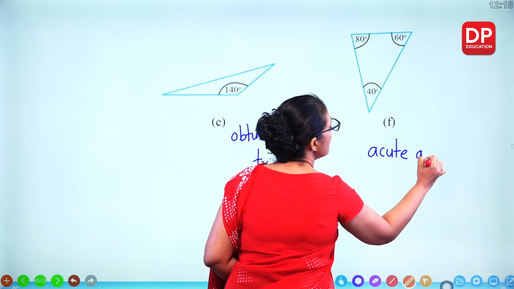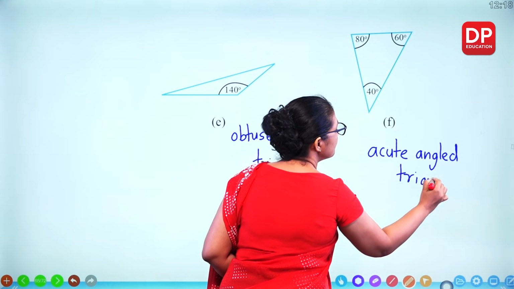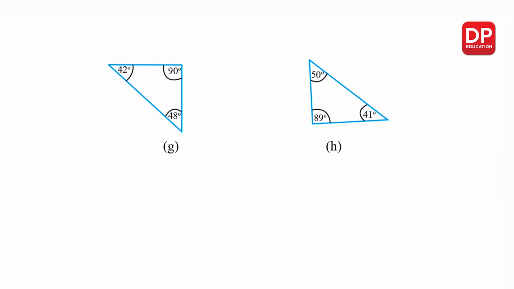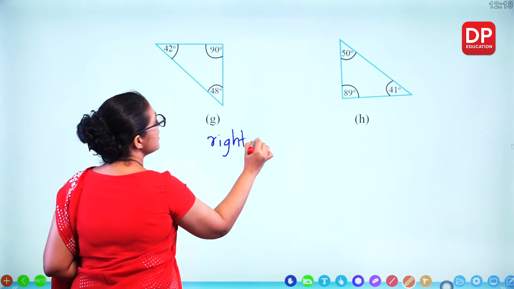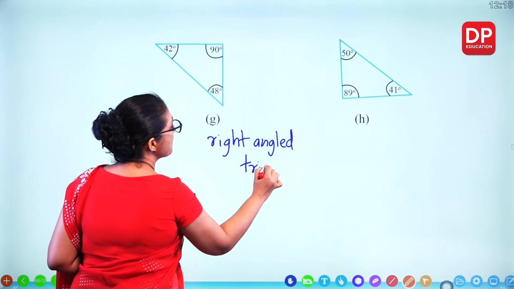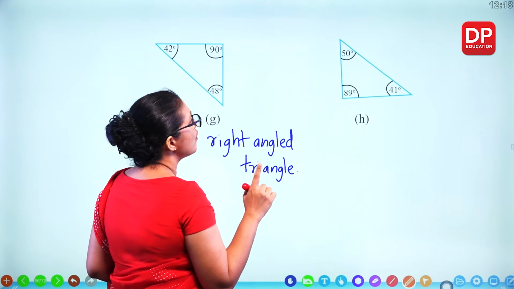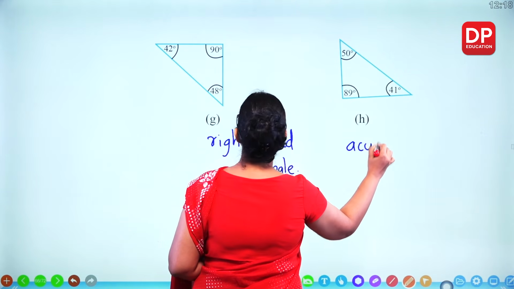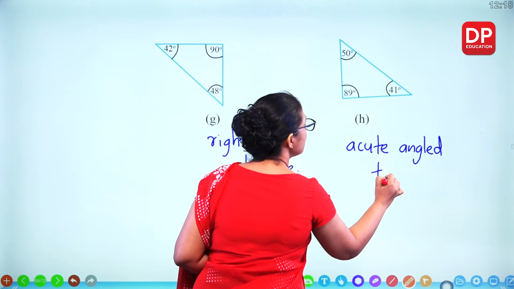Acute angled triangle. 42, 48, 90 is there. One angle is 90. That means right angled triangle. 50, 89, 41. All are less than 90. Acute angled triangle.